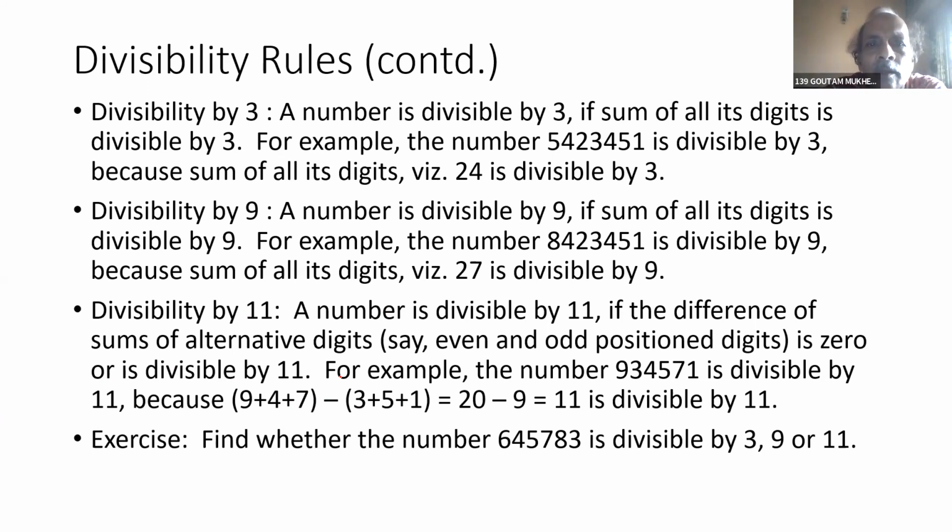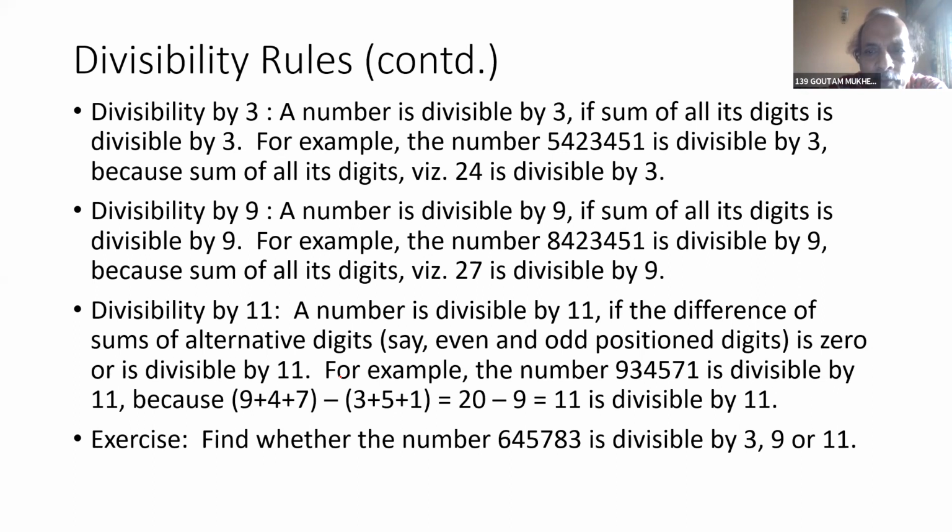A number is divisible by 9 if the sum of all its digits is divisible by 9. For example, this is divisible by 9 because the repeated sum of its digits ultimately comes to 27, and 2 plus 7 is 9. You keep on summing the numbers. In case of 11, it is the alternate sum you have to do.